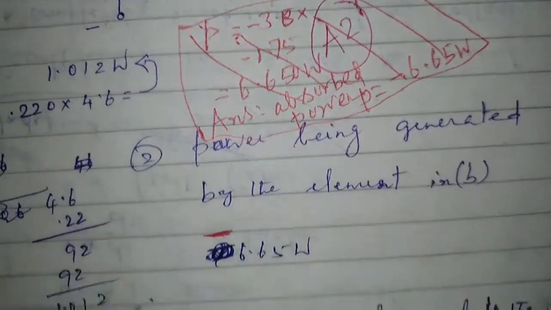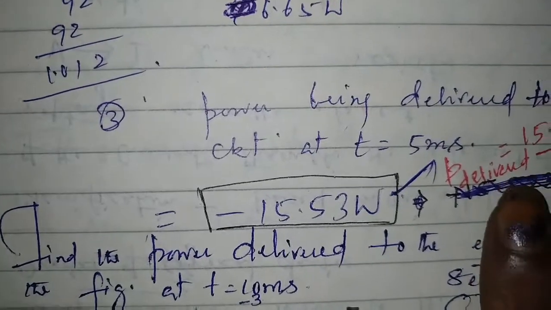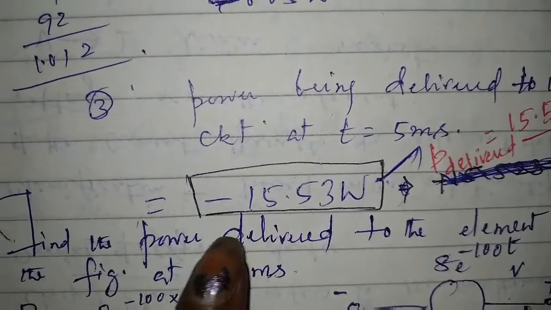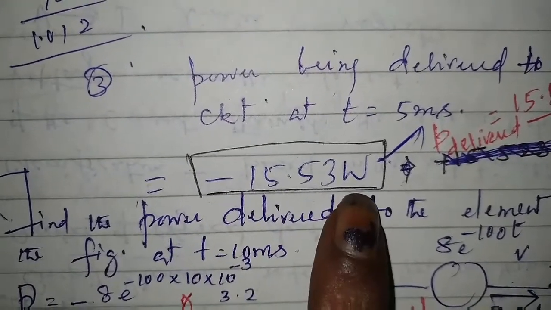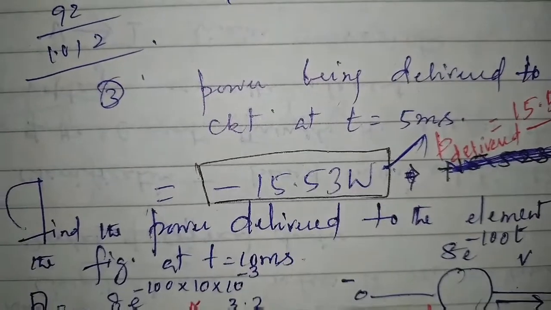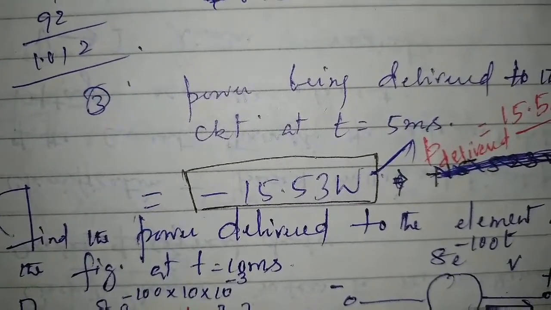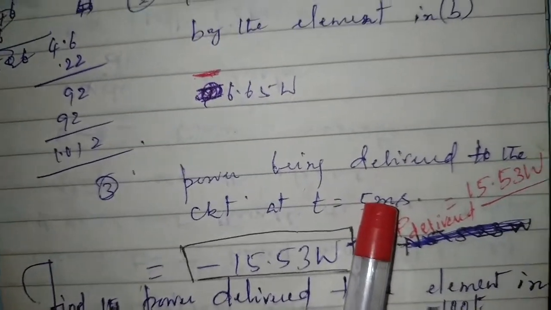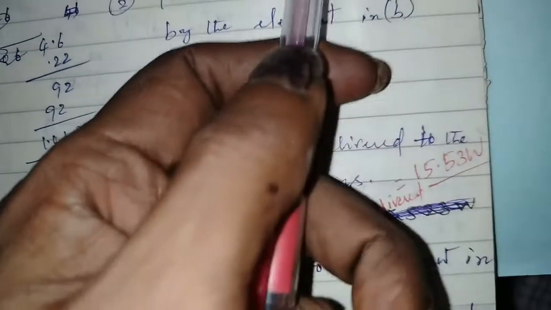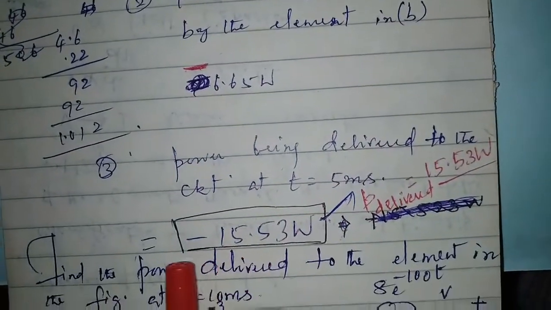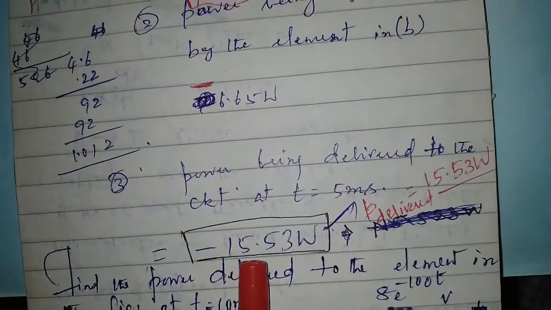So simple product let us take, which will amount to minus 15.53 watt, the simple product. I have not worked out, I give it as an exercise to you. t equal to 5 milliseconds. 5 into 10 power minus 3 you have to insert in this function of voltage, right? So simple product will lead to minus 15.53.